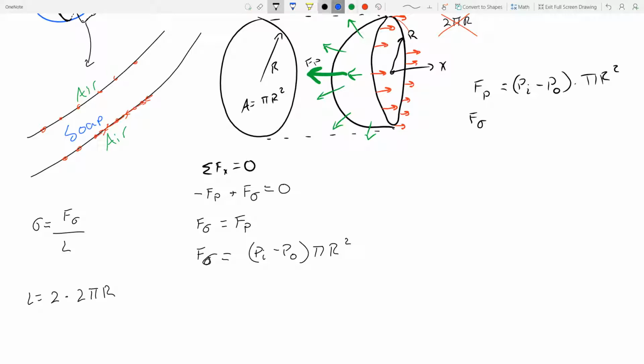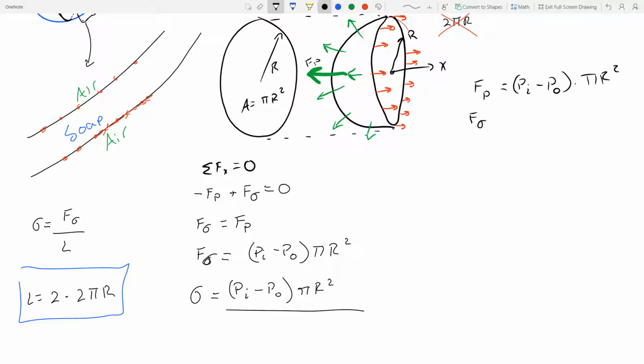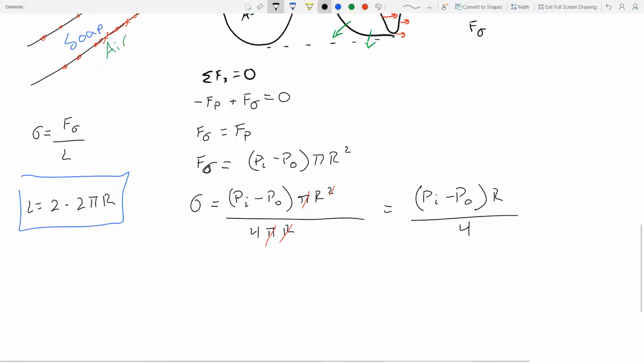So, knowing this, let's proceed to calculate what sigma is equal to. Sigma then is equal to (Pi minus Po) times pi r squared divided by 4 pi r. We can do some cancellations, leaving us with (Pi minus Po) times r over 4. Now this is a really useful result.